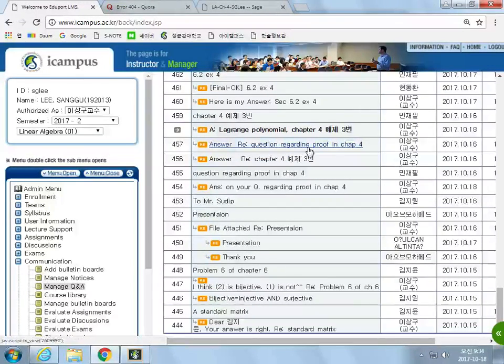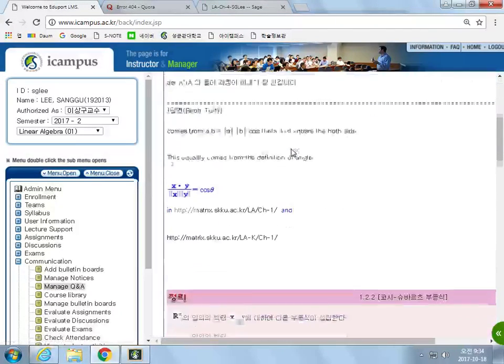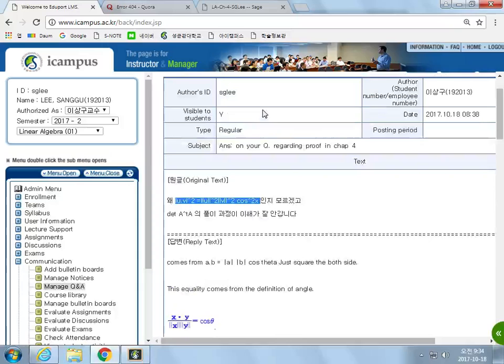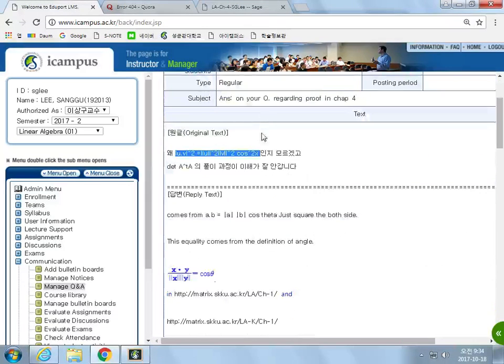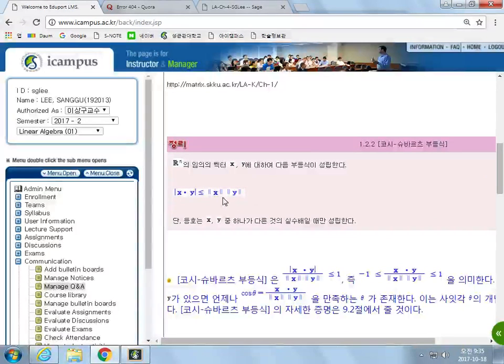Next, chapter 4. Here, he also asked why this is true. This was by Mr. Min. As you know this relationship, it is obtained from the Cauchy-Schwarz inequality.